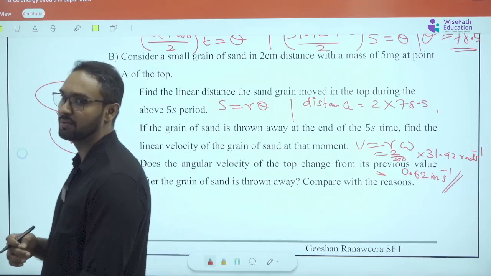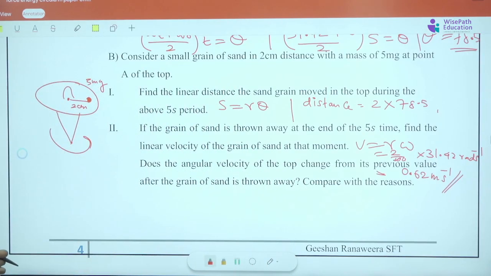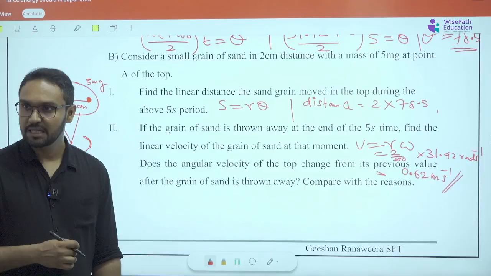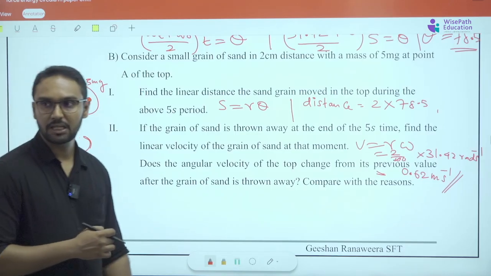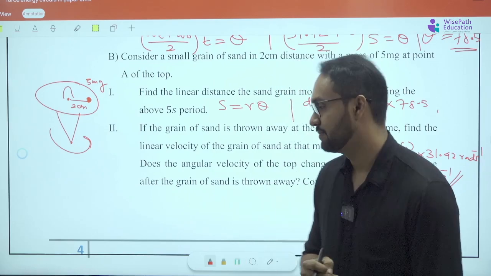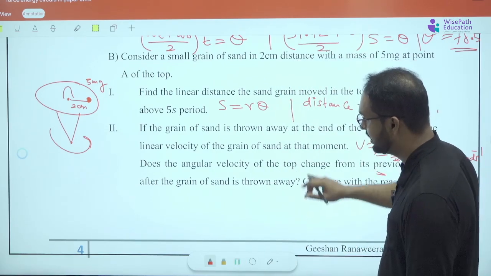Yes. So does the angular velocity of the top change from its previous value? Yes. The angular velocity increases. And what is the reason? The conservation of angular momentum. That's it.